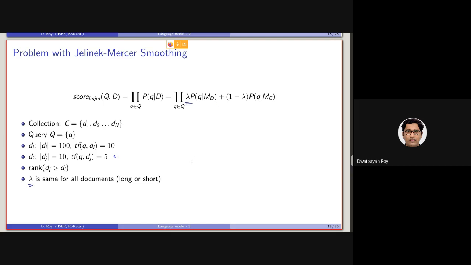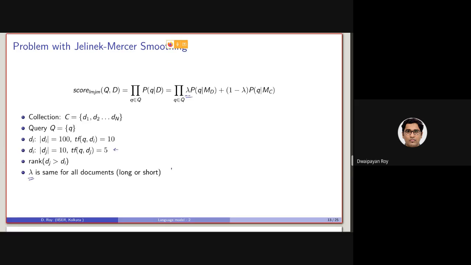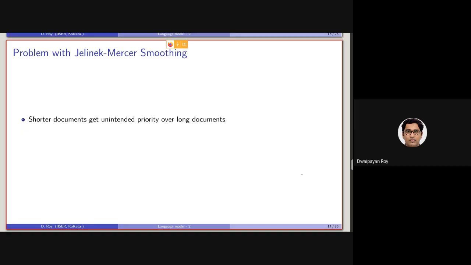So in other words, lambda is not dependent on D. The way to overcome this situation is to make the smoothing parameter, lambda, dependent on the document size, the number of terms in the document.